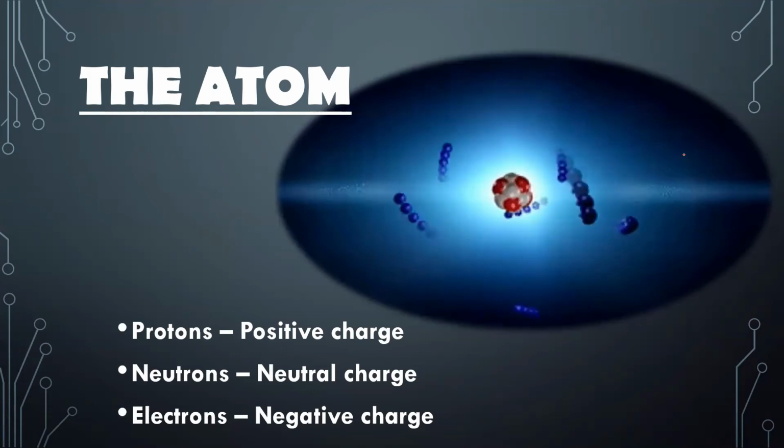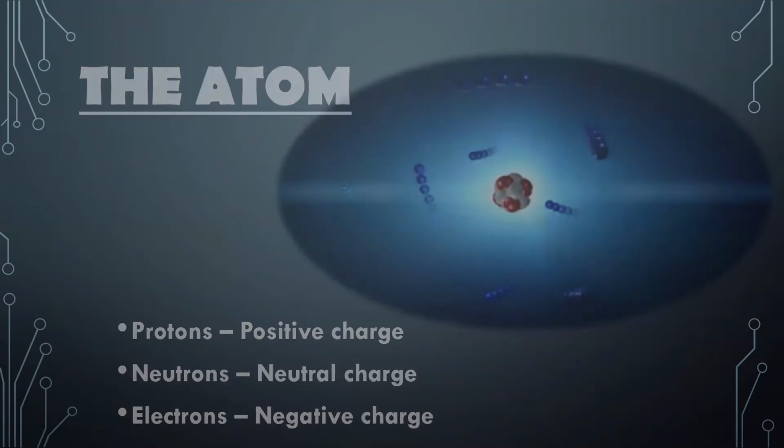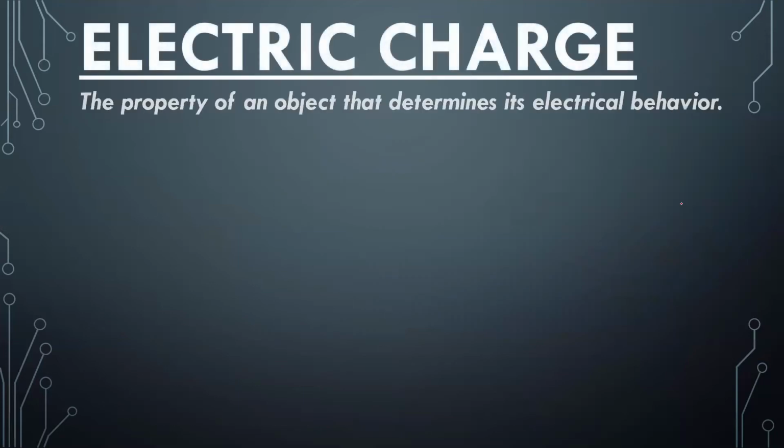So these are the parts of atoms and the charges they carry. First we have the protons, which carry a positive charge. Then electrons, which carry a negative charge. And last are the neutrons, which are neutral, neither positive nor negative. So these are the different parts of atom and its charges.